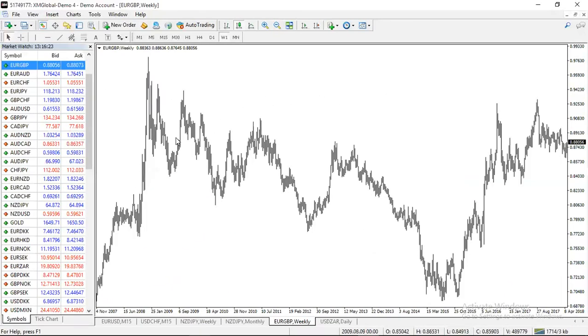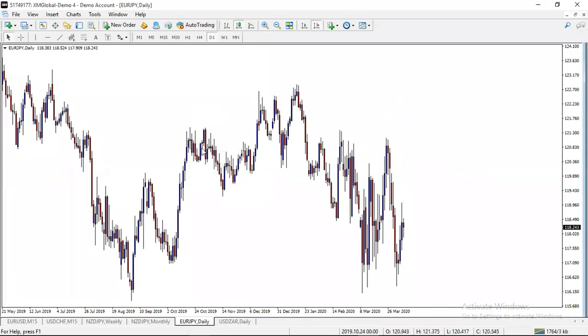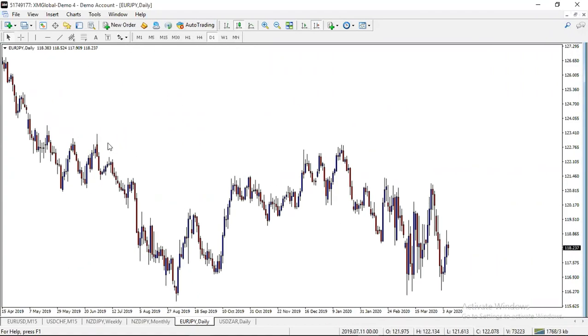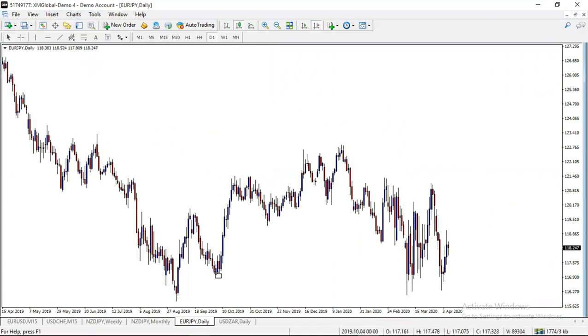Okay, this is Euro JPY. Let's say you had seen this in an uptrend and marked this as a support.